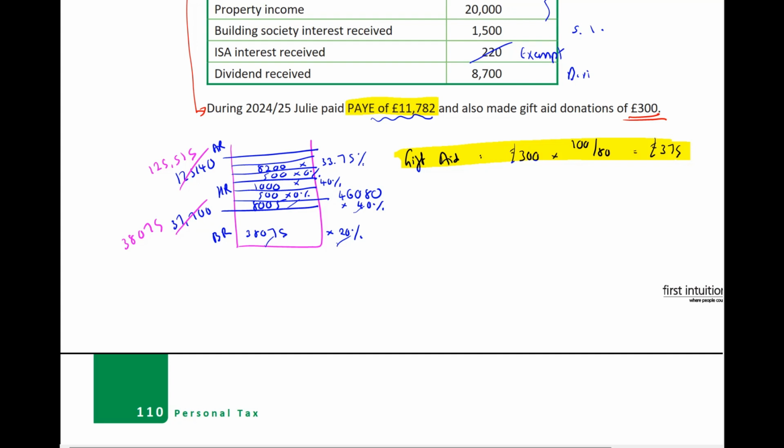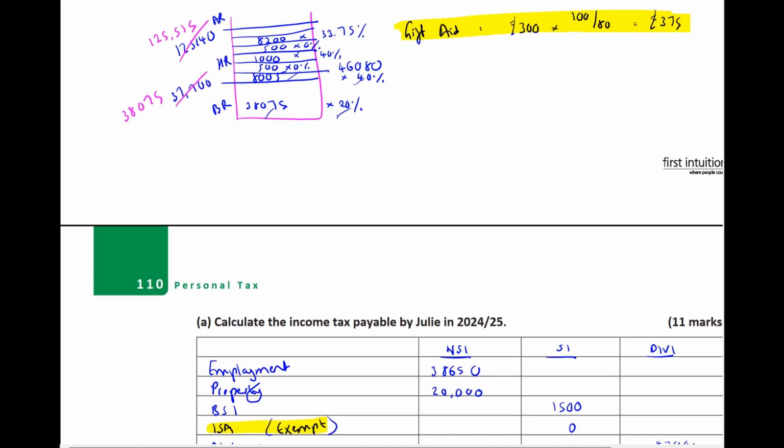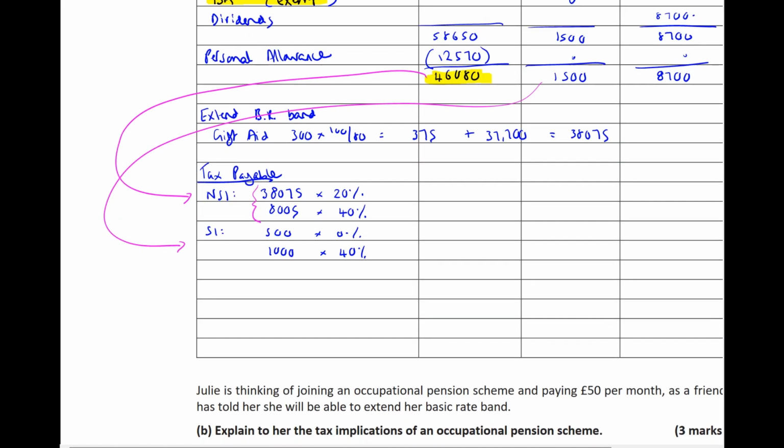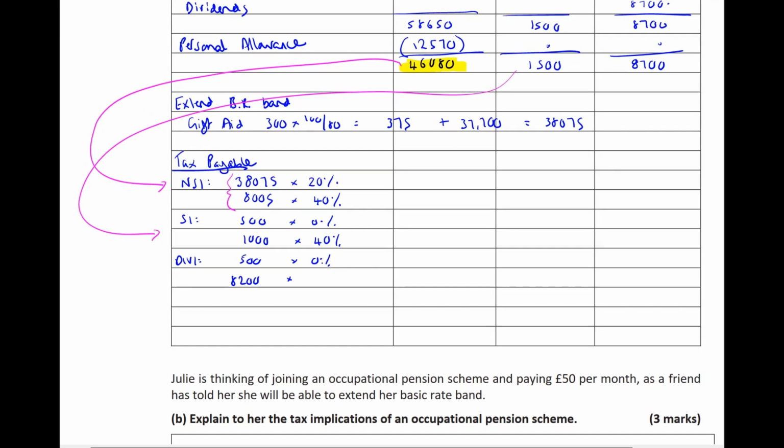I just think it makes it so much clearer and easier for me to see where each bit lands in terms of the different bandings. So 500 at 0 and then 8,200 at the higher rate of 33.75.